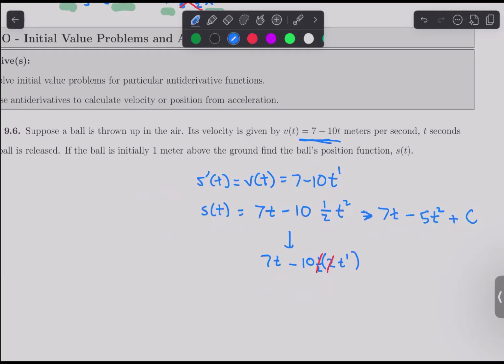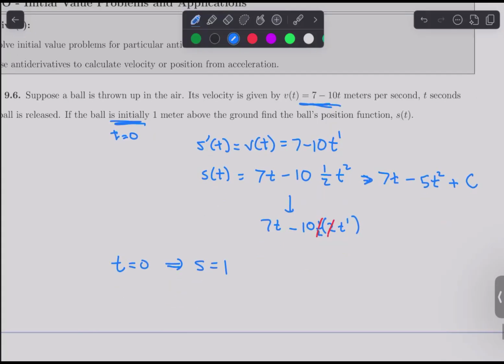Initially usually corresponds with time equals 0. So at time 0, we know that the position ought to be equal to 1, right? The height above the ground ought to be 1. And so when I plug in 0, I should get out a height of 1. Let's go ahead and do that into my function here.